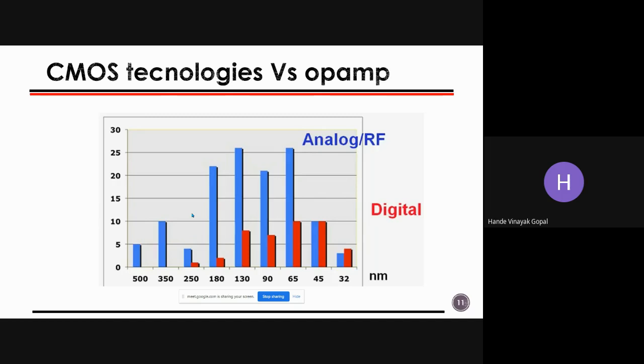Because of that, you have a higher VTH, a higher threshold voltage of that particular analog MOSFET, so your GM will reduce further and you will get lesser gain. And in digital, you don't have that many masks to reprogram or tune the threshold voltage, so you get the lower VTH, so that you can get the higher gain.